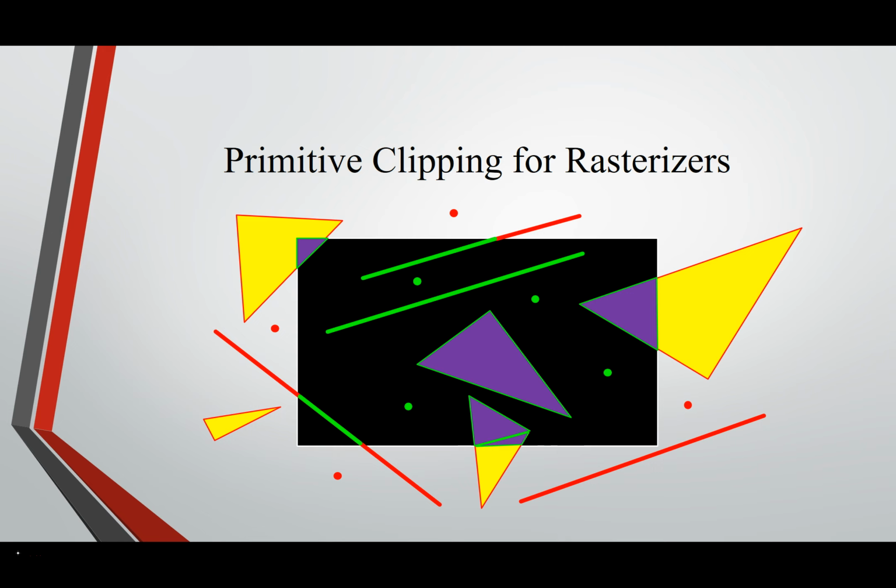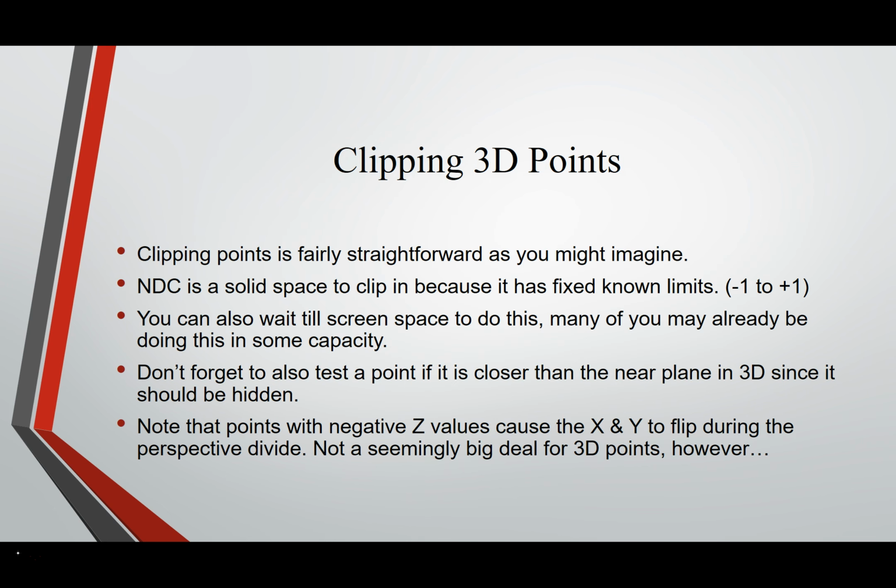So let's go into this, and we'll of course start with the easiest one to talk about, which is points. So 3D points, when you're clipping them, it's fairly straightforward, as you might imagine. You probably have something already in place that can handle most of this. So one good space to do your clipping in general is NDC, or normalized device coordinates.